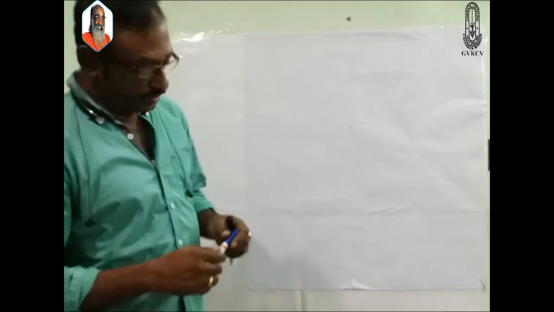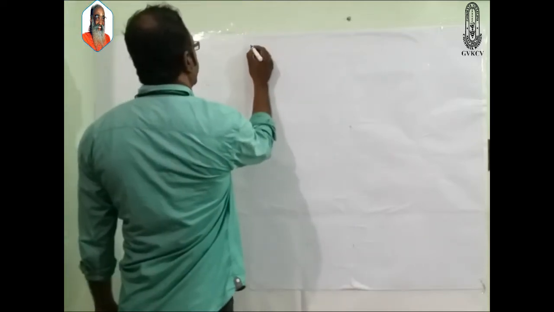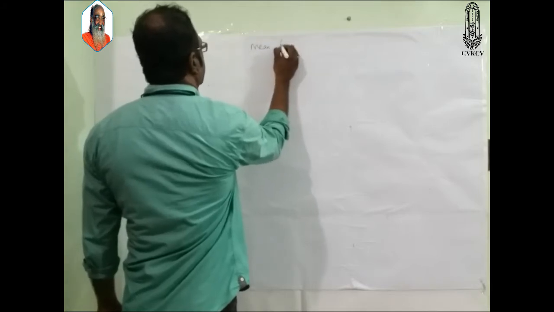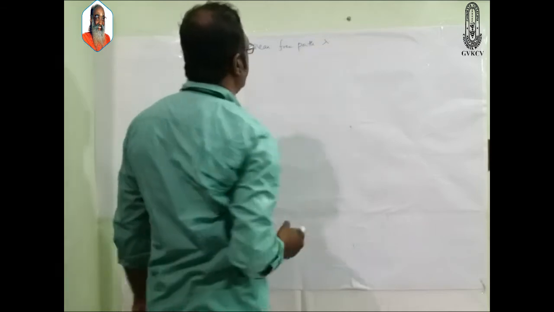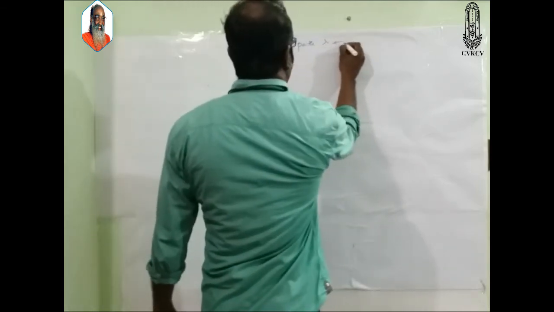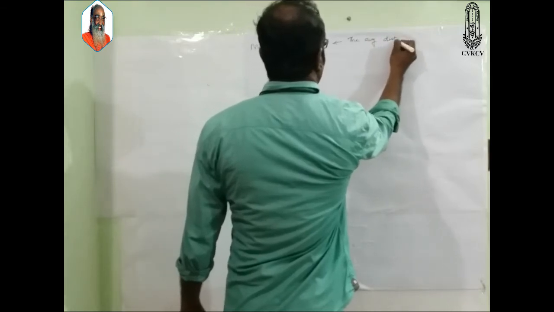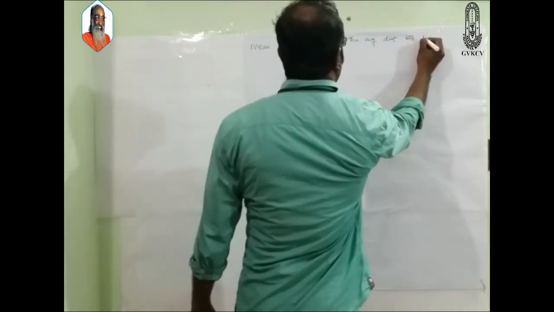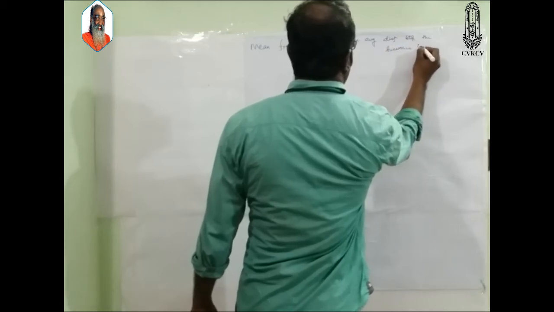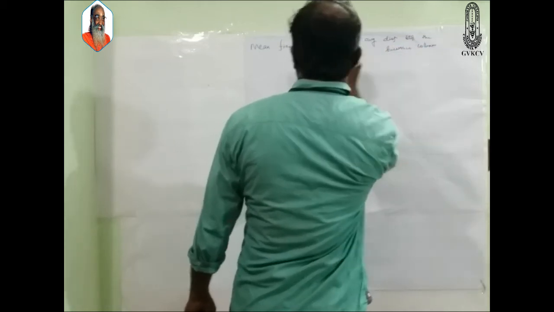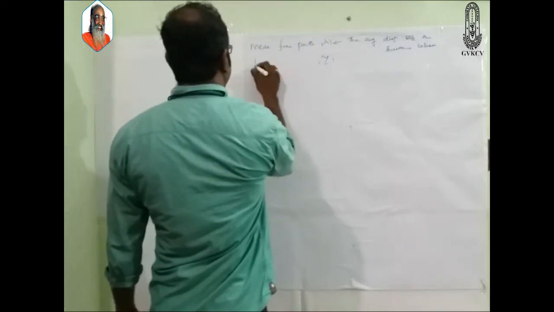Now, after understanding this mean free path, lambda, which is the average distance between successive collisions, the other one is tau, that is relaxation time.